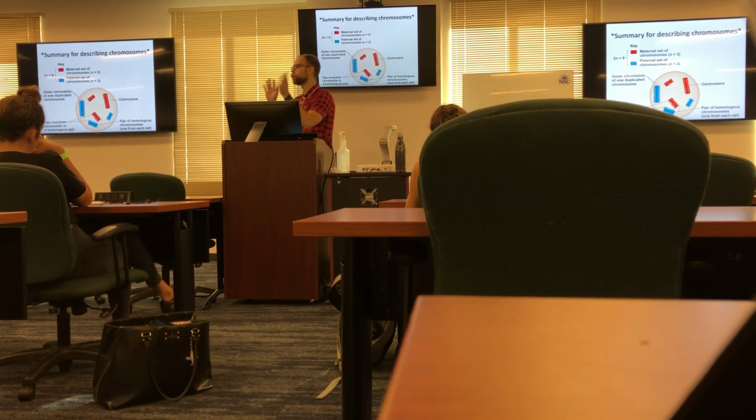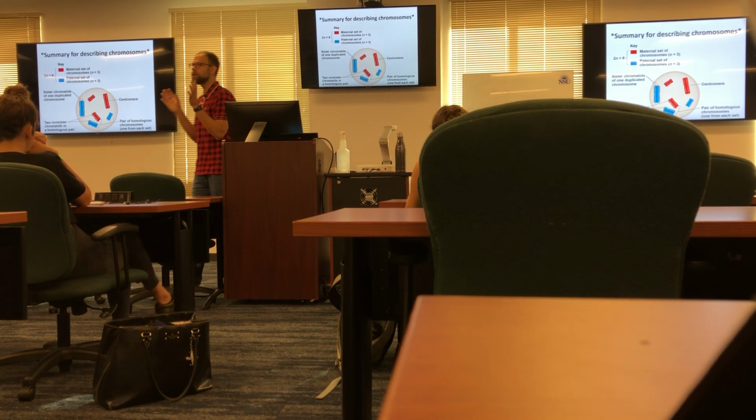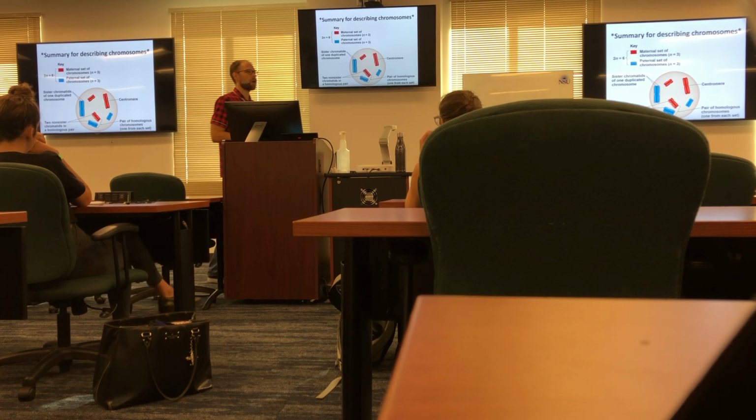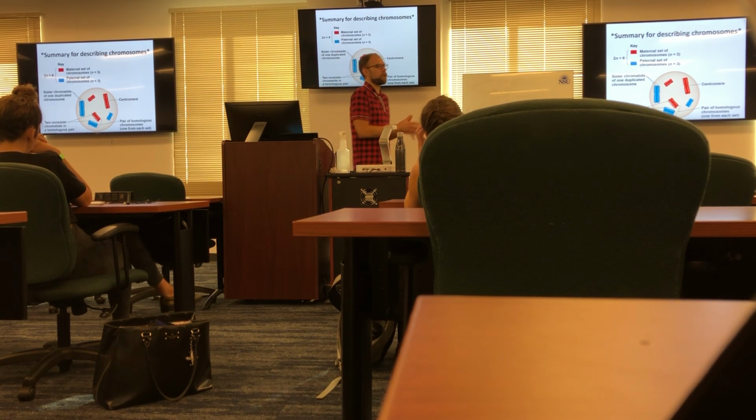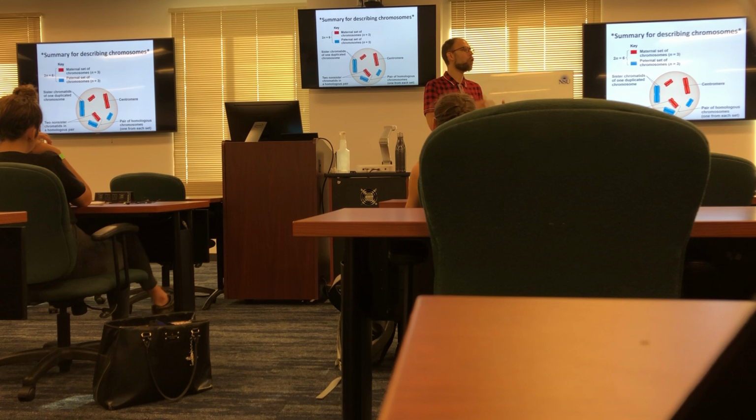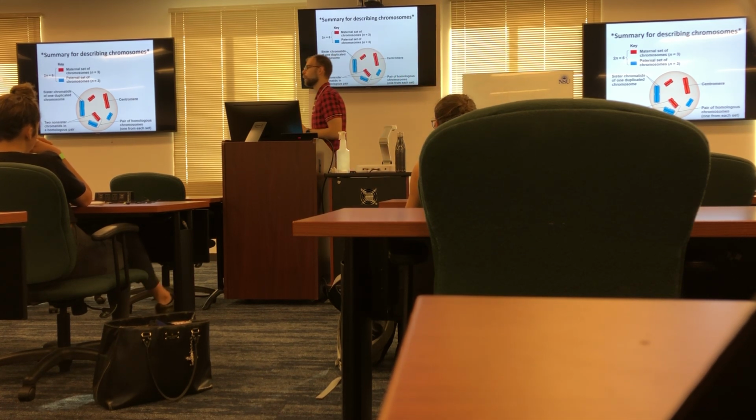If we compare those two chromosomes against each other, we'd call them non-sister chromatids. They're still the same chromosome, the big chromosome, but they're no longer genetically identical because one came from mom and one came from dad. So we call them non-sister chromatids.